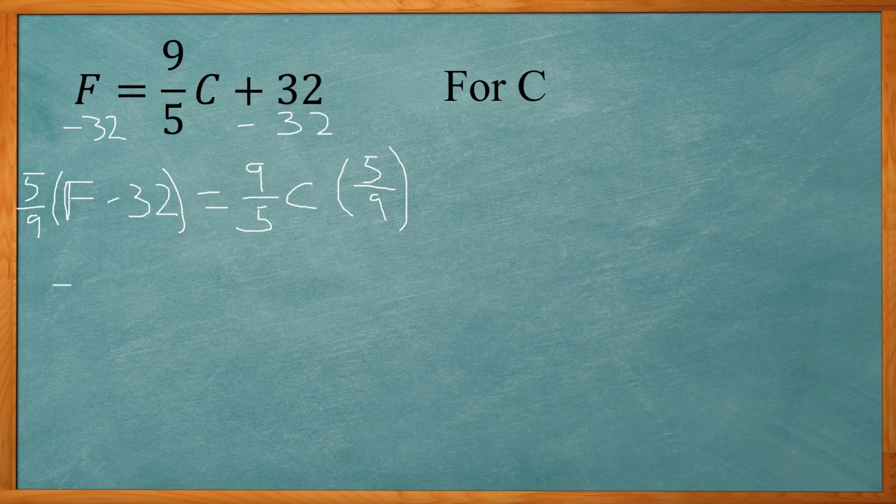Alright, so that's going to leave me with 5/9 times f minus 32 is equal to c. So the c is by itself, so we're all done.